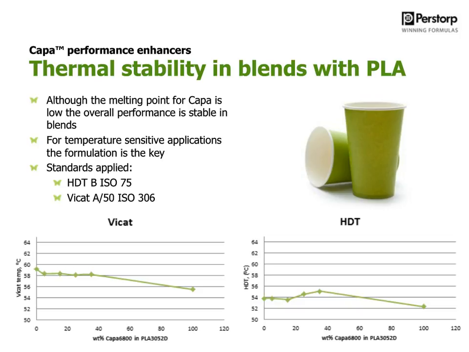And so that is a very interesting feature. Of course, it can vary a bit depending on the PLA grade you use, and you also have to consider the specification of the application you're targeting in the end. But this gives you a signal that it's coming down to the formulation in the end.